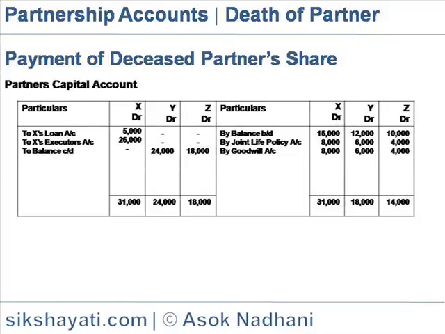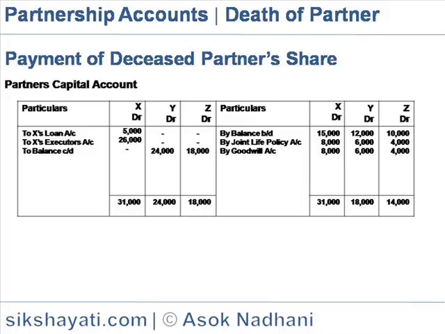Now you can see the partners' capital account. On the credit side is the respective balance brought forward 15,000, 12,000 and 10,000 to X, Y and Z. By joint life policy, the amount credited to their accounts is 8,000, 6,000 and 4,000 respectively, and by goodwill account they get 8,000, 6,000 and 4,000.